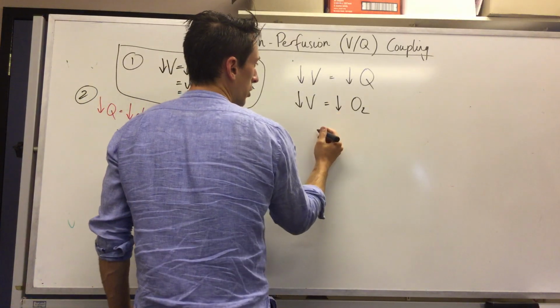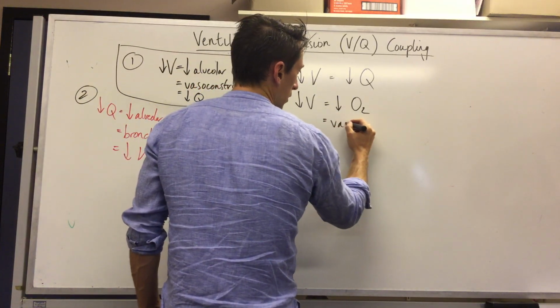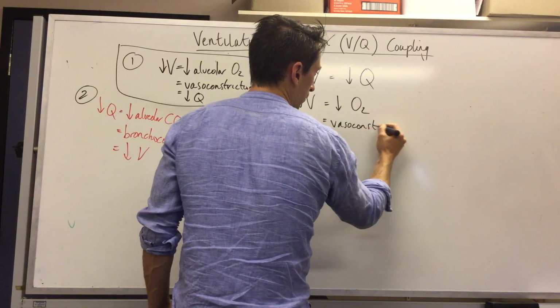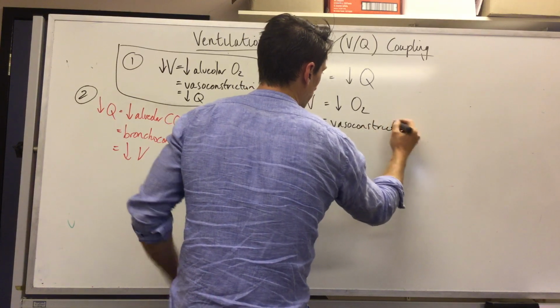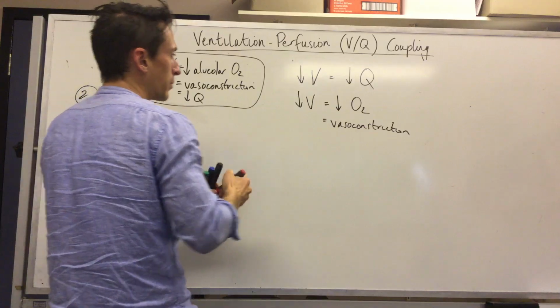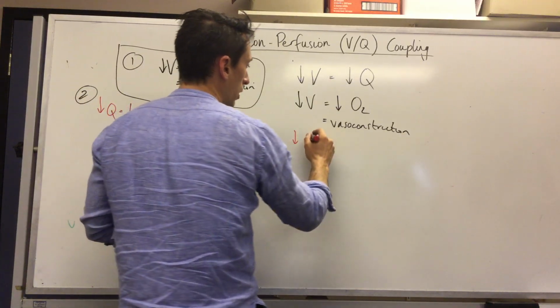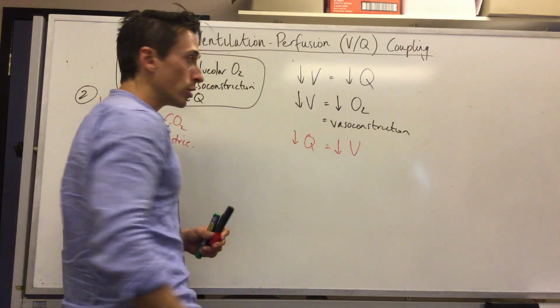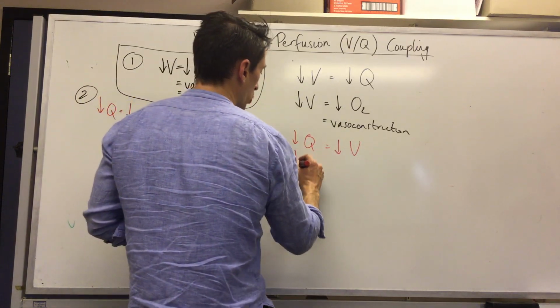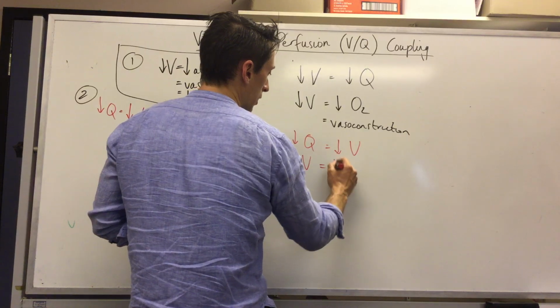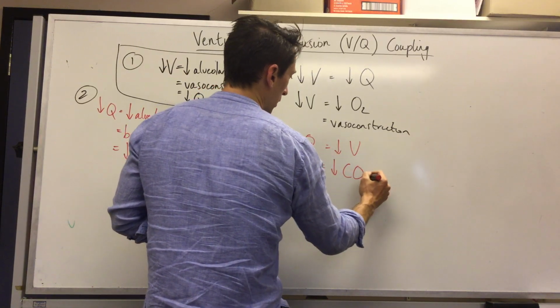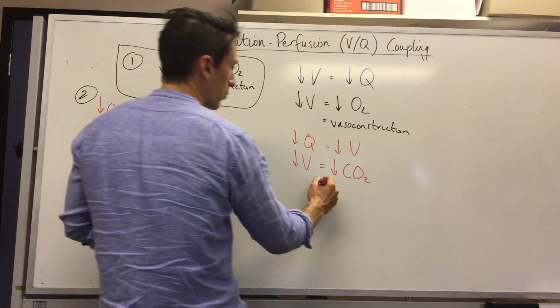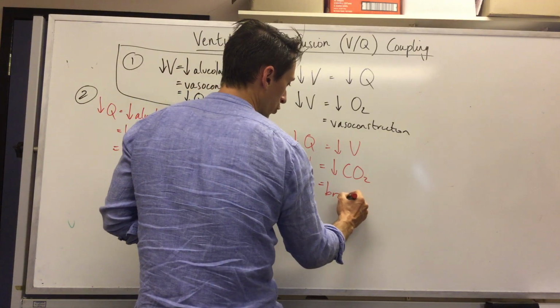This drop in oxygen in the alveolar results in vasoconstriction. Next point is, if there's a drop in perfusion, we want to get a drop in ventilation, okay? And that the drop in perfusion results in a drop in carbon dioxide. This results in bronchoconstriction.